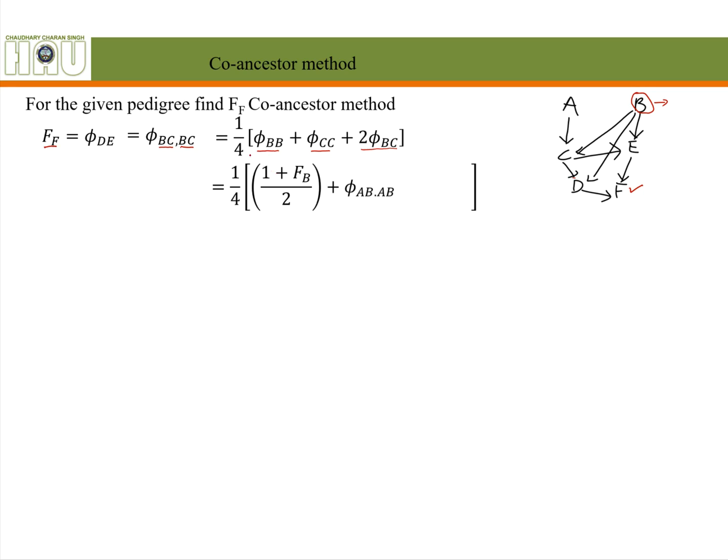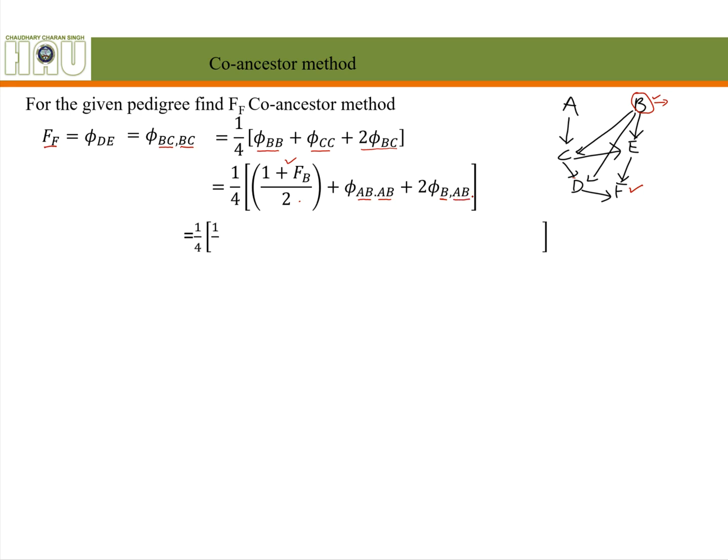So phi BB, since we have no information on the further parents of B, is given by 1 plus FB by 2. And C has two parents A and B, so each C is replaced with its parents AB, and B has no parents, so it is as it is, but C has parents A and B, so it can be written as AB.